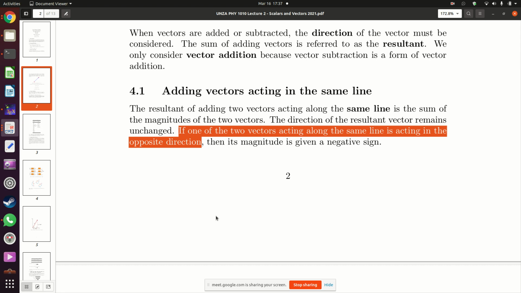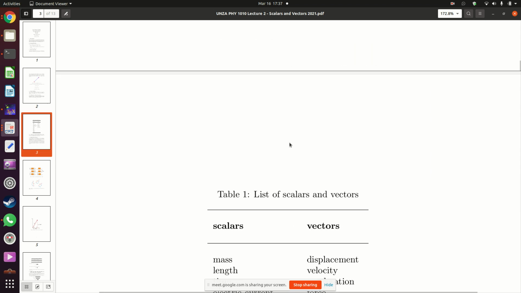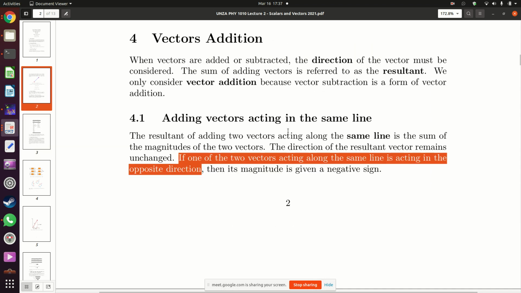Then its magnitude is given a negative sign. The size of the vector which is pointing in the opposite direction to the other vectors is given a negative sign. So it has got a negative size. The negative shows that the vector is pointing in the opposite direction. Are we clear?